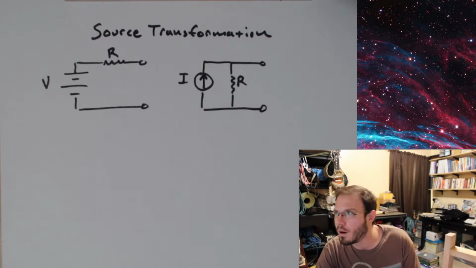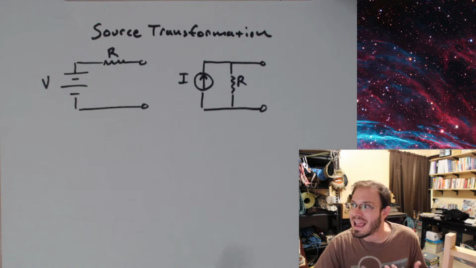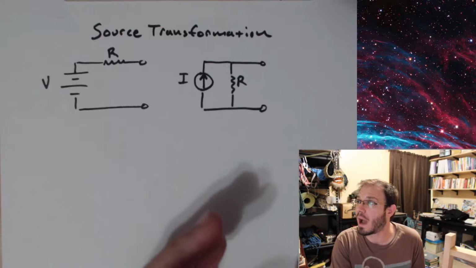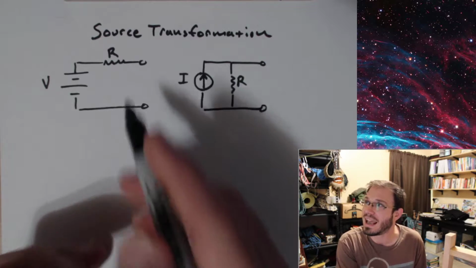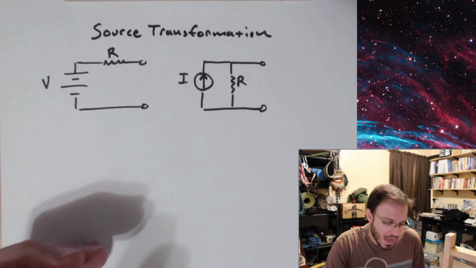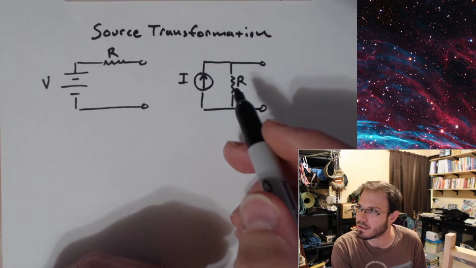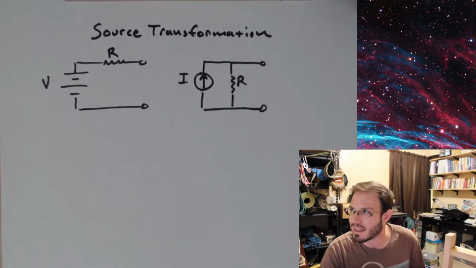When you derive a Thevenin equivalent circuit, this is what you would get. And when you perform a Norton equivalent circuit, this is what you would get after performing that procedure.